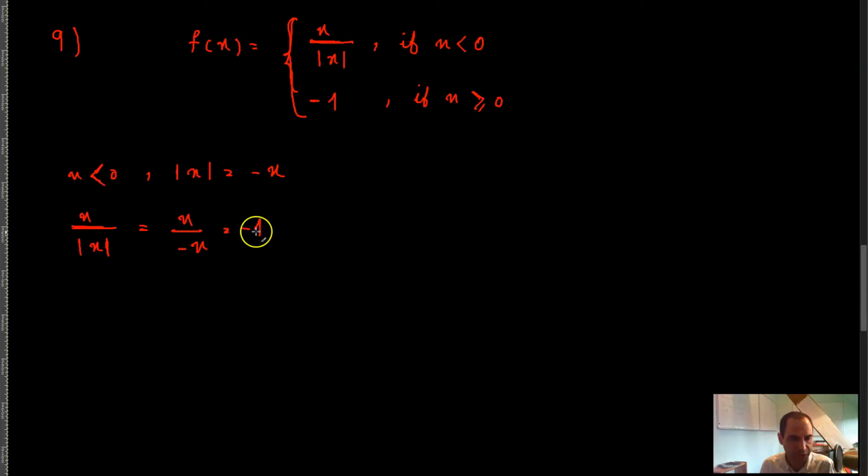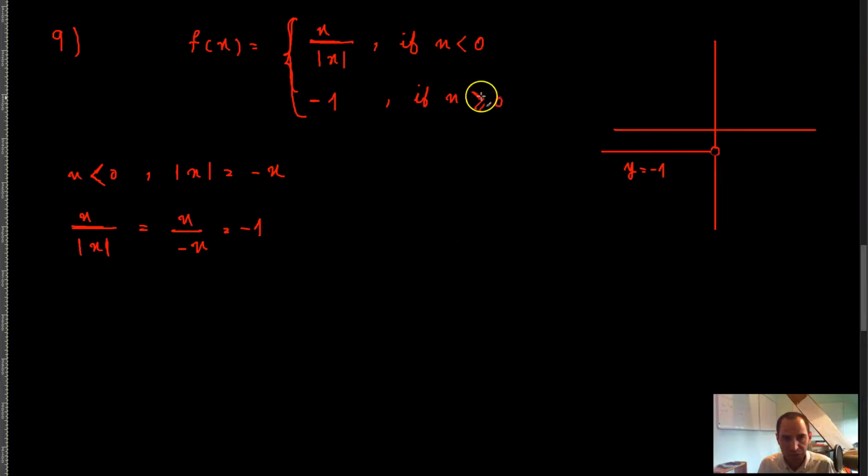That means that for x is less than 0, your output is negative 1, which means that you'll get a function like this. So if this is y is equal to negative 1, for x is less than 0, you will have this output. Now for x is greater than or equal to 0, your output is again at -1.